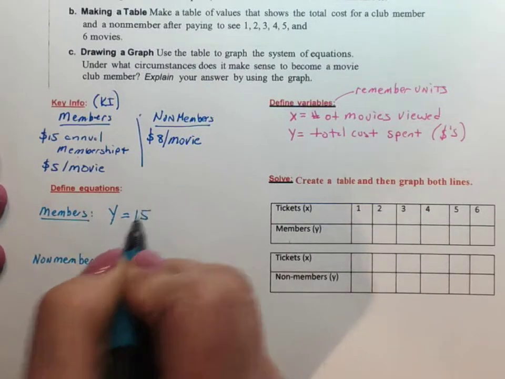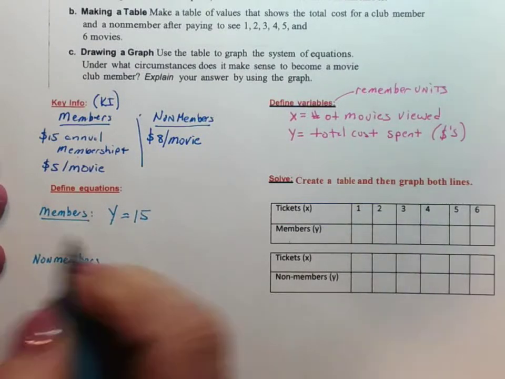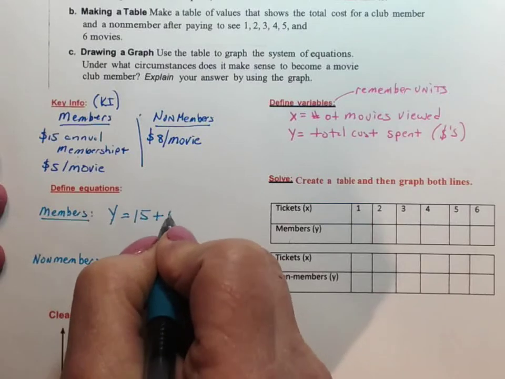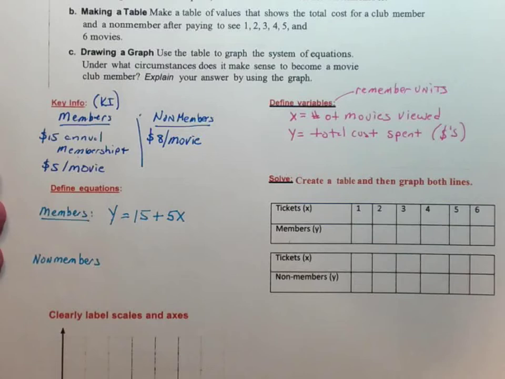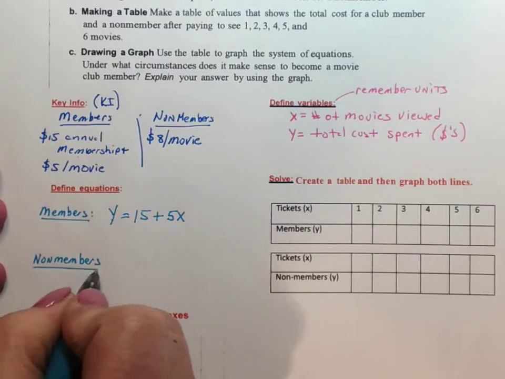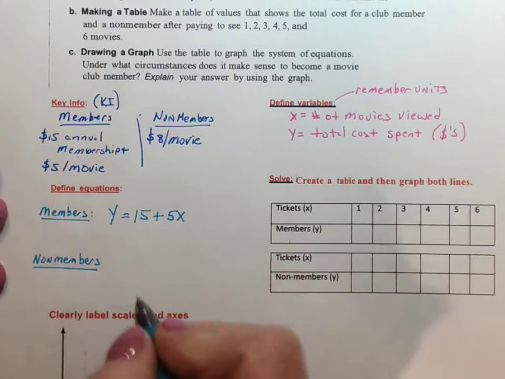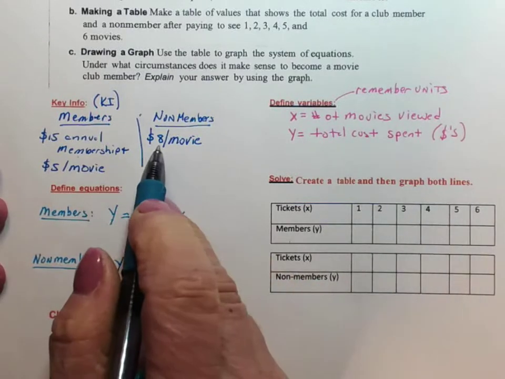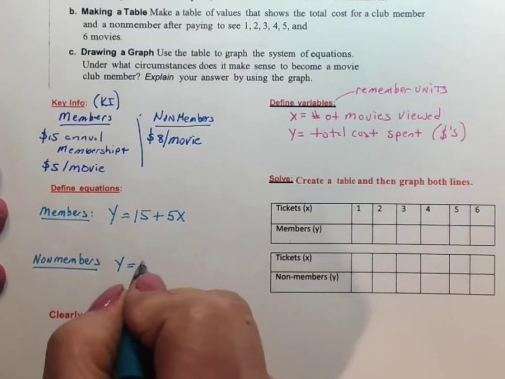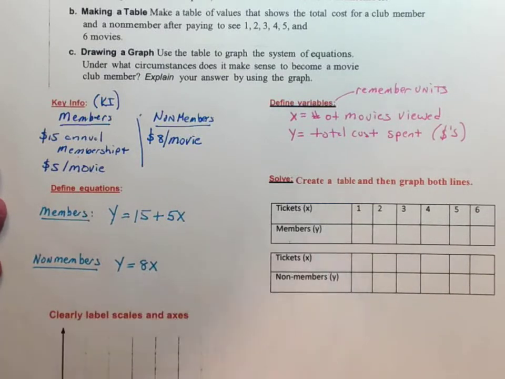They pay the $15 membership fee, plus they pay $5 for every movie they go to. Non-members, their total cost is $8 for every movie they go to.